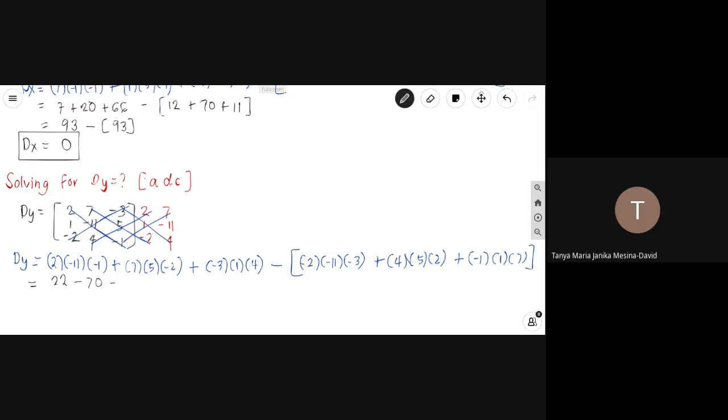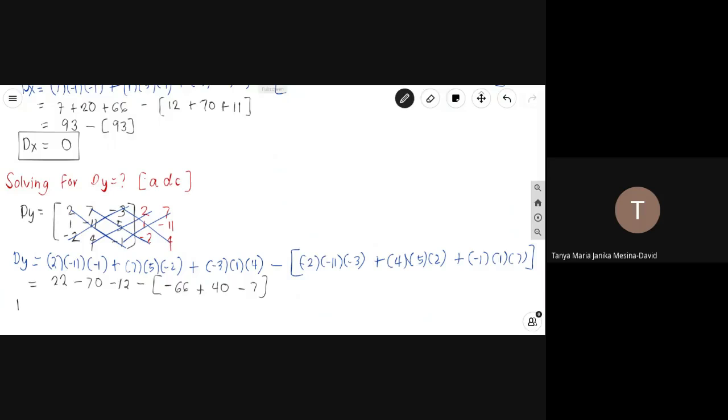And then here also minus 12. Minus, and then the bracket, negative 2 times negative 11 times negative 3 gives us negative 66, plus 20 times 2 is 40, minus, negative 1 times 1 times 7 is negative 7.